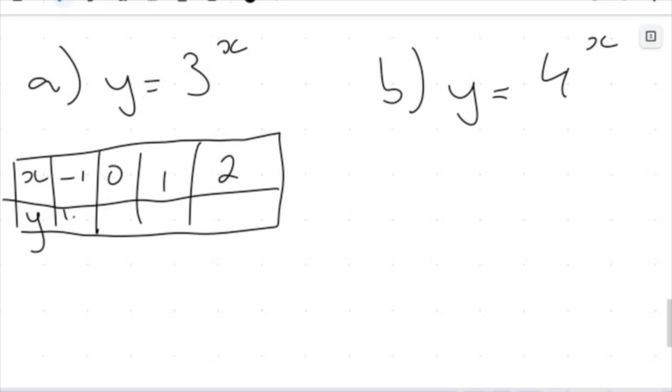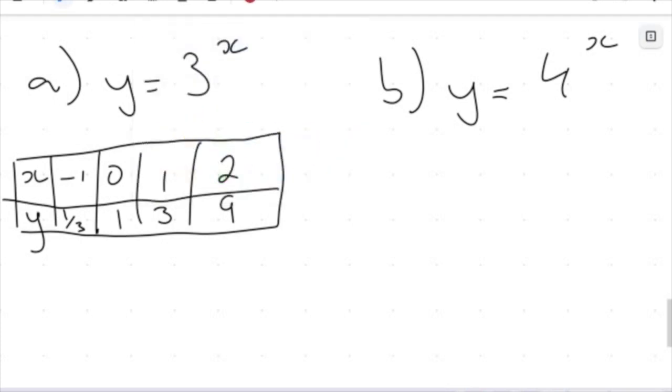That's going to give me 1 over 3, because remember, when we have a negative power, we get the reciprocal, and the power goes on the denominator as a positive. So this is like saying 1 over 3 to the power of 1, which is just 1 over 3. Now 3 to the power of 0, any number to the power of 0 gives me 1. And 3 to the power of 1 gives me 3. 3 to the power of 2, or 3 squared, gives me 9.